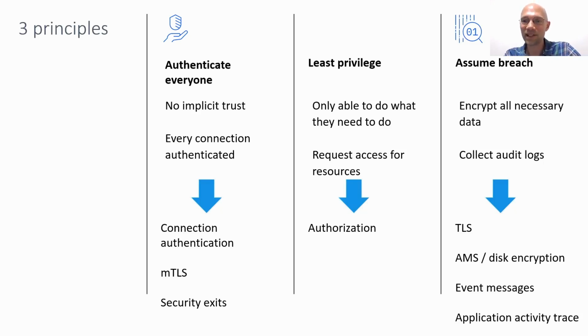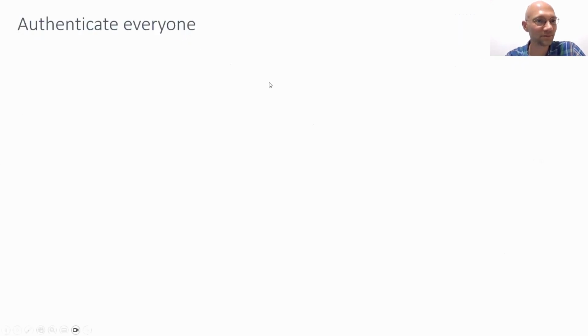And on the auditing and logging side, there are auditing and logging messages produced by MQ, which lets you know what's going on in your infrastructure, both on the queue manager itself and also application activity trace, which tells you what applications are up to as well when they're connected to your queue manager. So that was a high level overview of the facilities that MQ provides that let you secure your MQ estate. So we'll look at each one now in a bit more detail, starting with the authentication.